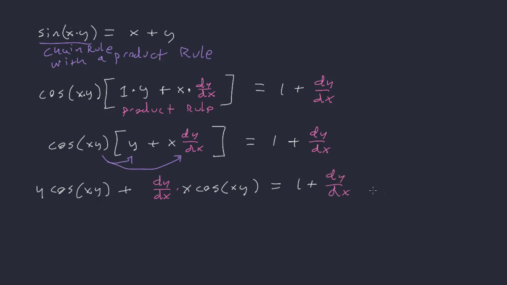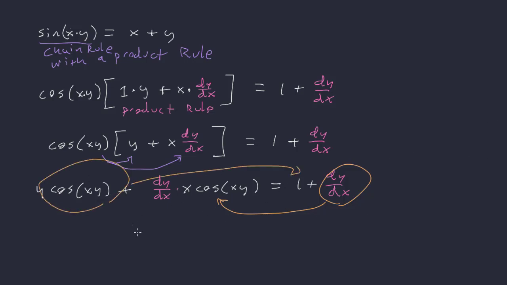Okay, and so now we're going to solve for the dy dx. So we need to move everything with the dy dx over to one side, everything without to the other. So what I'm going to do is move this piece over this way, and then this piece over to this side. Okay, it doesn't really matter in the end.